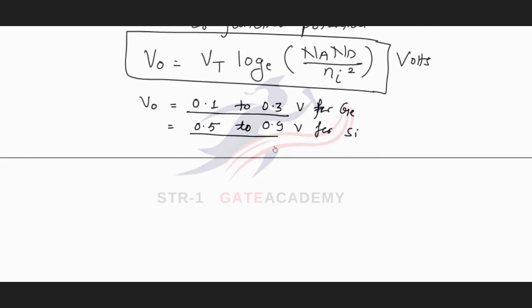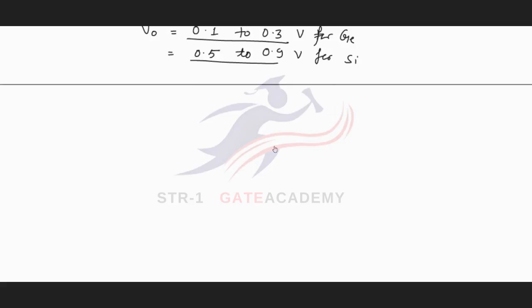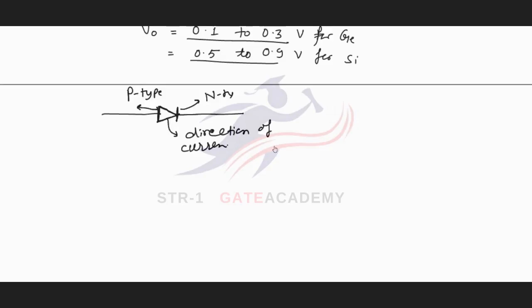Now, the symbol for PN junction diode we will use in our circuit. There will be two semiconductor layers. This layer will be called P-type semiconductor, and this layer will be N-type semiconductor. And an arrow will be shown in this direction from P to N. This shows the direction of current when it is forward biased.